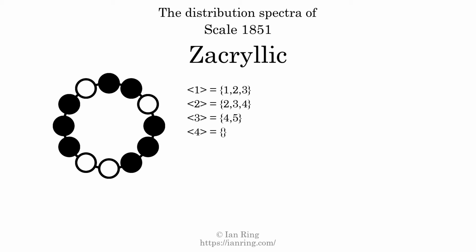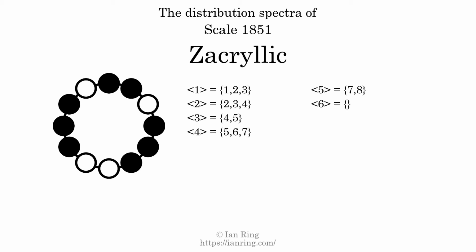The generic interval of 4 scale steps comes in 3 different specific interval sizes: 5 semitones, 6 semitones, and 7 semitones. The spectrum width of this generic interval is 2. The generic interval of 5 scale steps comes in 2 different specific interval sizes: 7 semitones and 8 semitones. The spectrum width of this generic interval is 1.